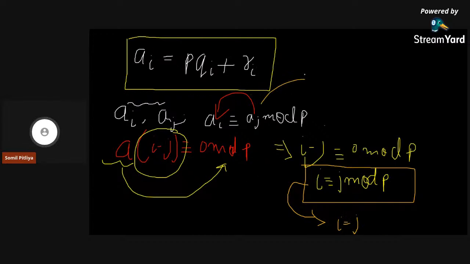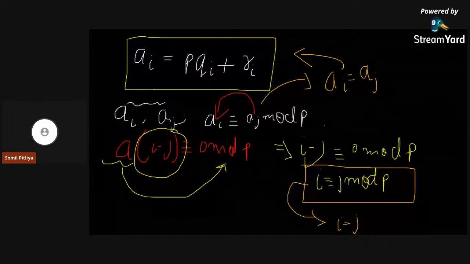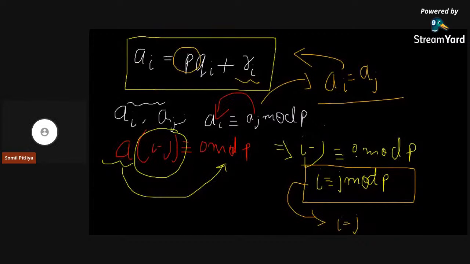That is, if AI is equal to AJ, then only can I say that they will both give the same remainders. So all AIs are giving different remainders upon dividing by the prime number P. So AI is equal to AJ if and only if I is congruent to J modulo P, or vice versa can be true also.